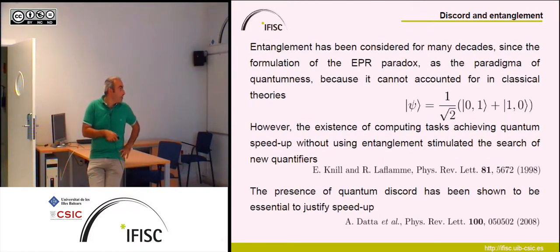And in 2008, it has been shown that the reason why it is possible to achieve this quantum speed up of computation is the presence in the states of quantum discord. It has been realized that the discord is the essential ingredient to observe quantum effects in computational tasks.